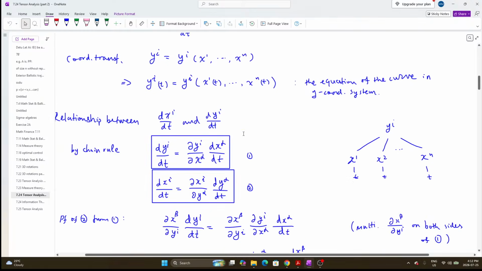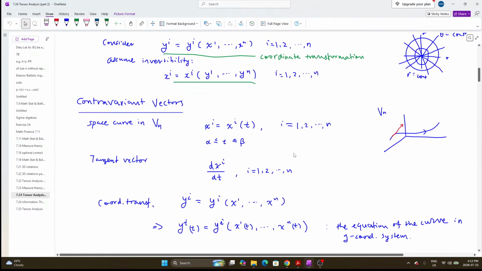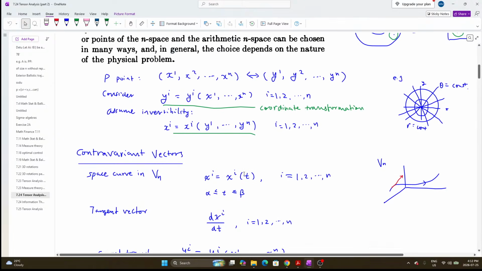In that case, that leads you to a contravariant vector, order 1 in n dimensions. So purely contravariant vectors take values in an n-dimensional space, and the argument is just a scalar.